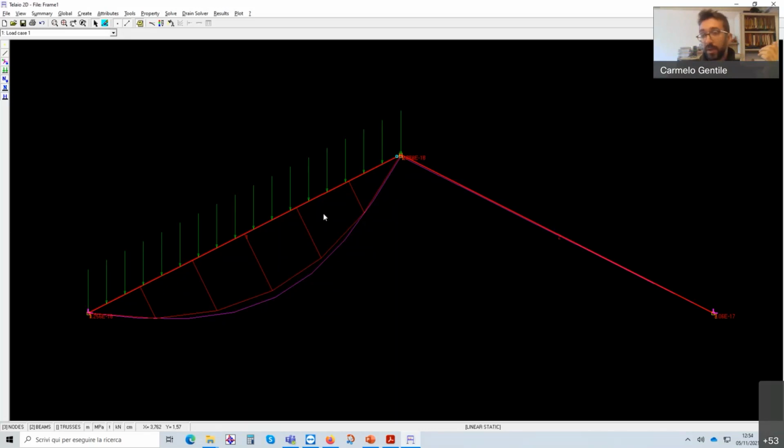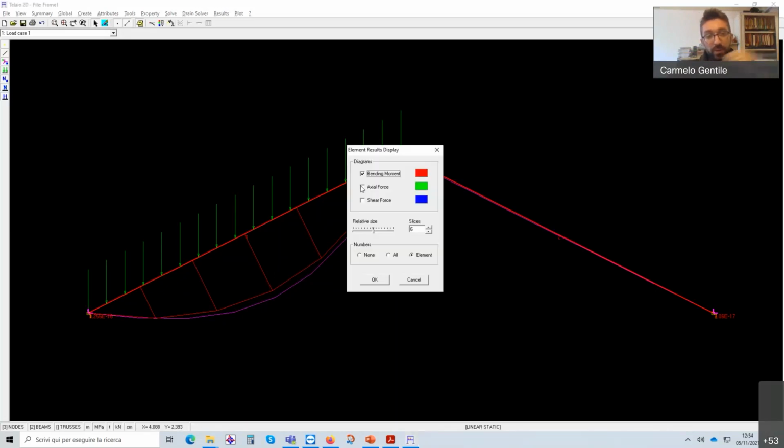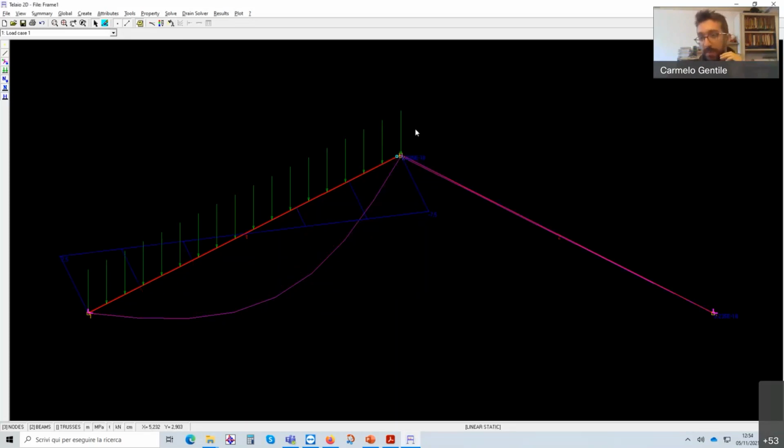And it is parabolic, because if we look for the shear force, it will be linear. Okay, so distributed transversal load means linear shear force. Linear shear force means that the bending moment is not linear, but it is parabolic. Okay, it is always a polynomial of higher order, the bending moment with respect to the shear force.